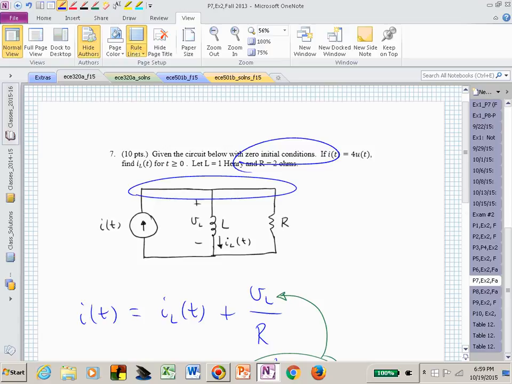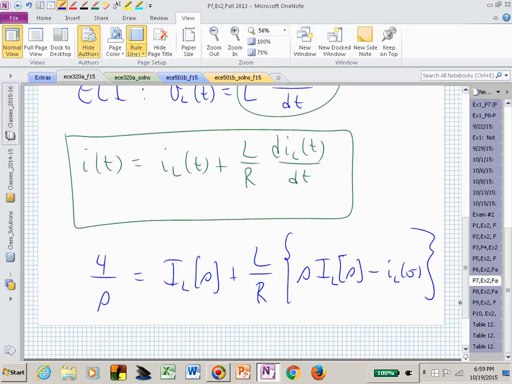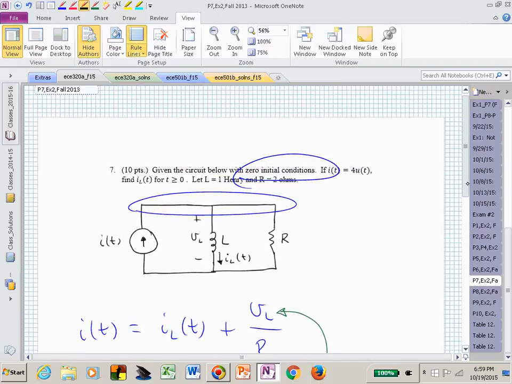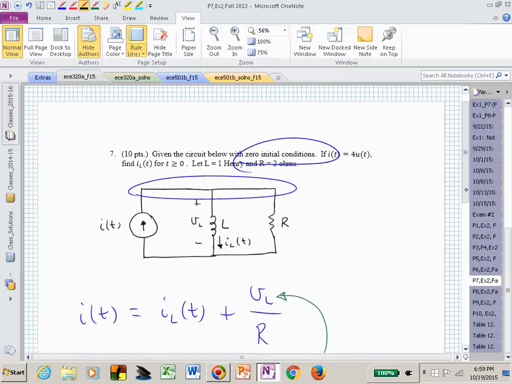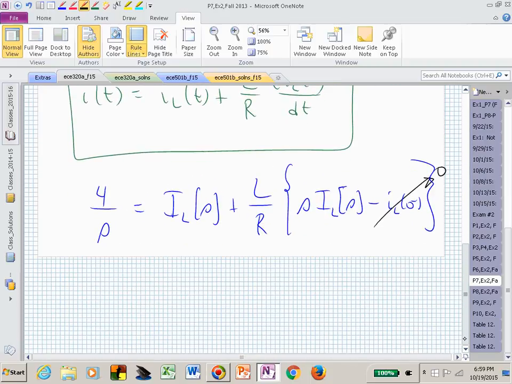So that initial condition right there is gone. And now I just have to replace L and R. L was 1 and R was 2. So this now becomes 1 plus 1/2 s times I sub L of s equaling 4 over s.